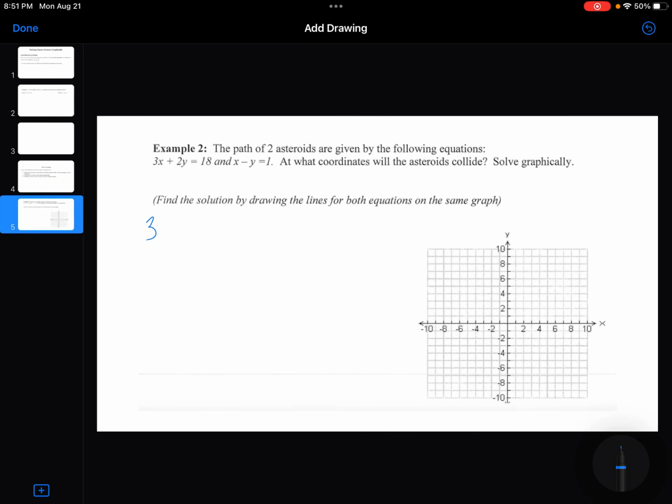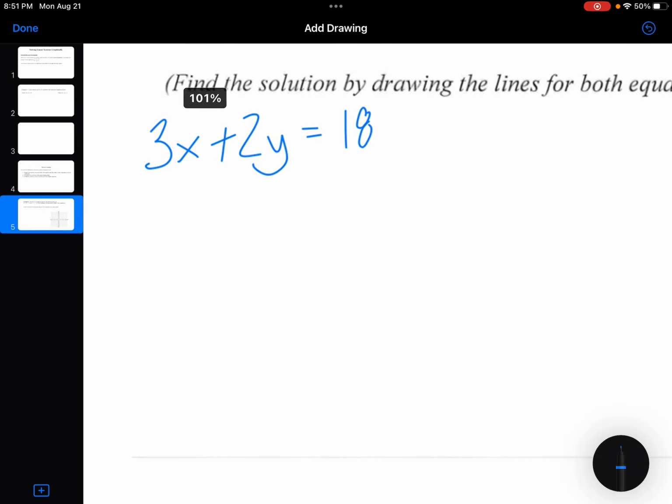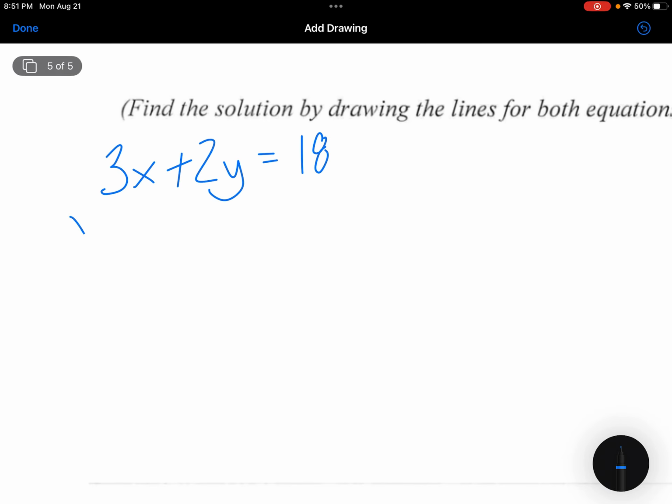We've got 3x plus 2y equals 18. Now for this one, let's solve using x and y intercepts. So we're going to graph using x and y intercepts. For our x-intercept, we're going to let y equal 0. Now you could graph any way you want. I'm just trying to do it multiple different ways.